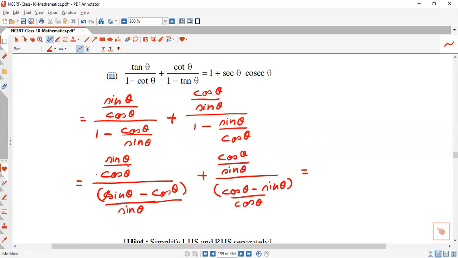You see this sine theta goes to the upper side, it becomes sine square theta.